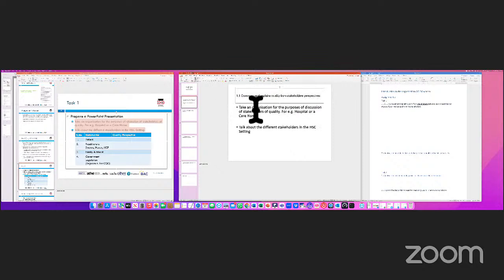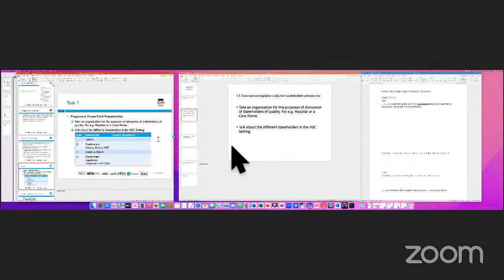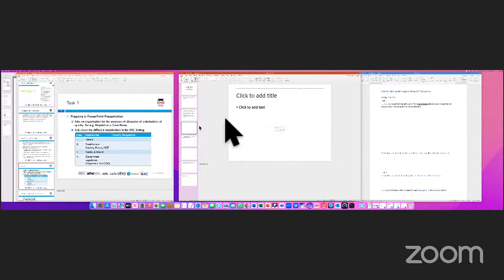And then at some stage we would go into some of the assessment criteria, which is primarily about the different stakeholders in the health and social care setting. So here I would put a table down, and this table would go into a new slide.